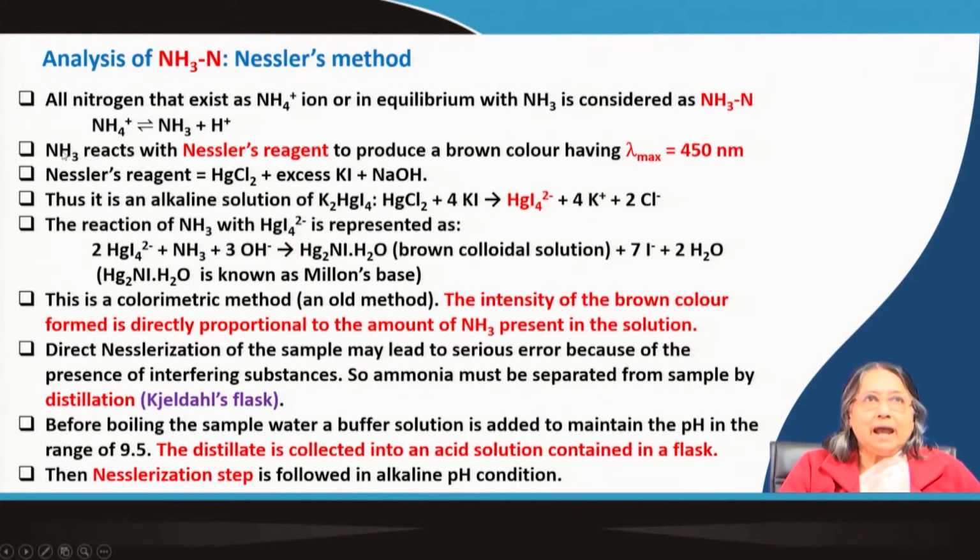Now, ammonia reacts, this is the property, ammonia reacts with Nessler's reagent to produce a brown color having lambda max 450 nanometers. You are familiar with this, because in some of my lectures I already explained the spectrophotometer, I also explained the spectrum or spectra, okay, 4-nitrophenol reduction.